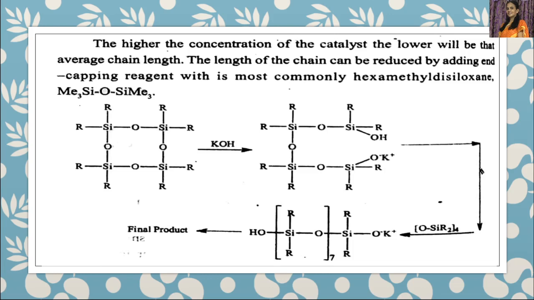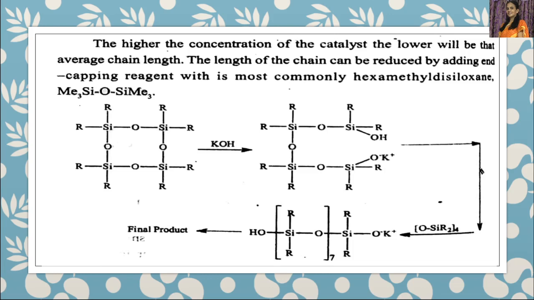The length of the polymer chain will be less when the concentration of this alkali is more. And the length of the chain can be reduced by adding an end capping reagent, which is most commonly hexamethyl disiloxane. This is the end capping reagent.